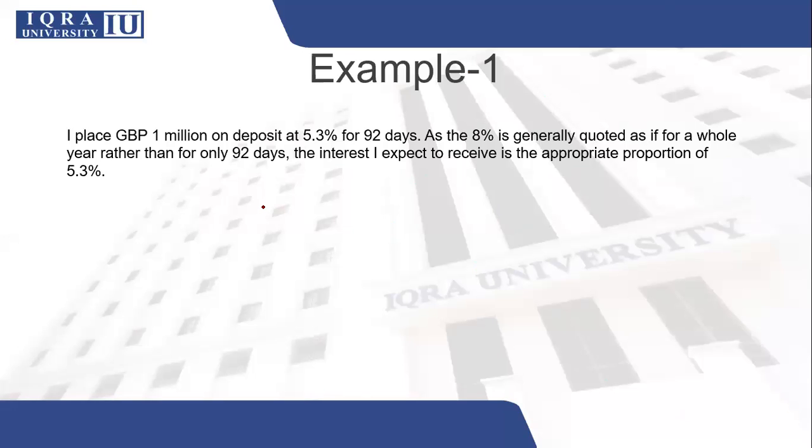If we use the other formula, the maturity proceeds equal the principal amount, which is the present value, times 1 plus the interest rate times days over year.